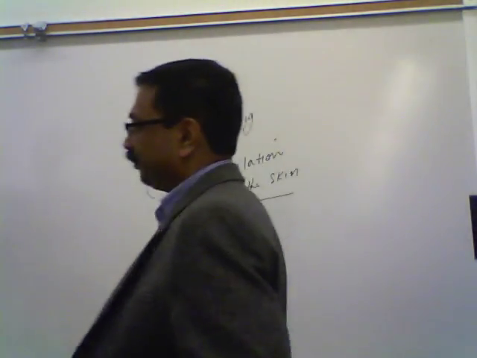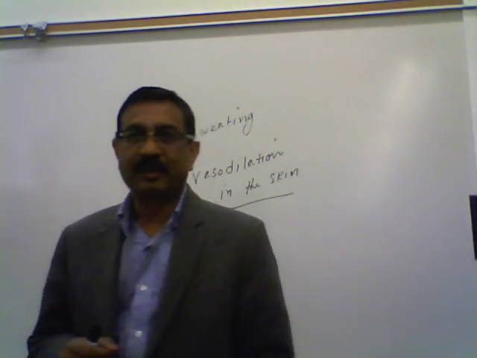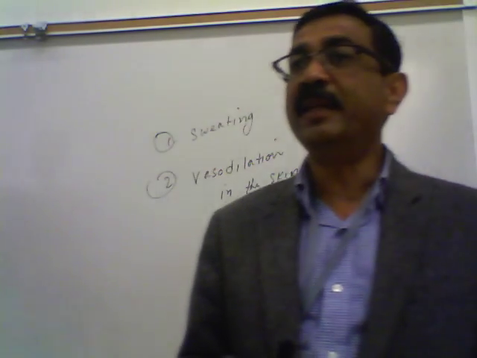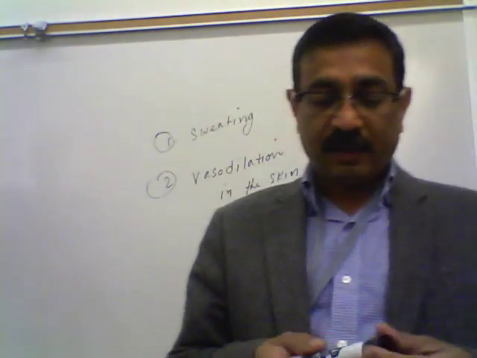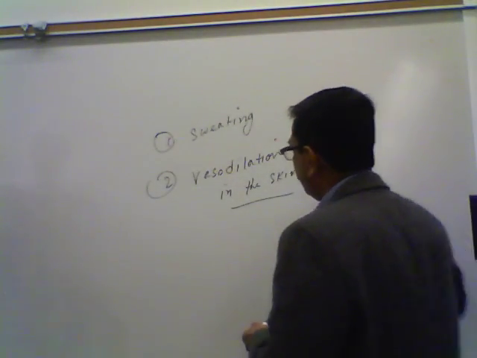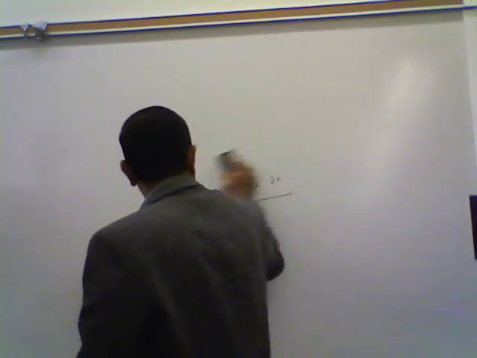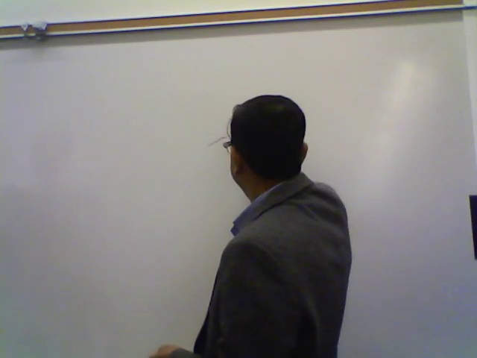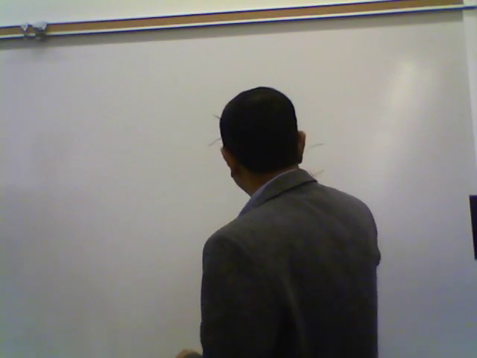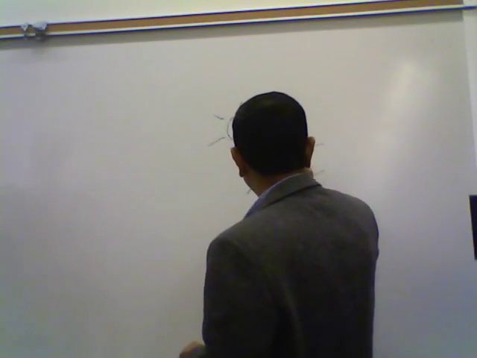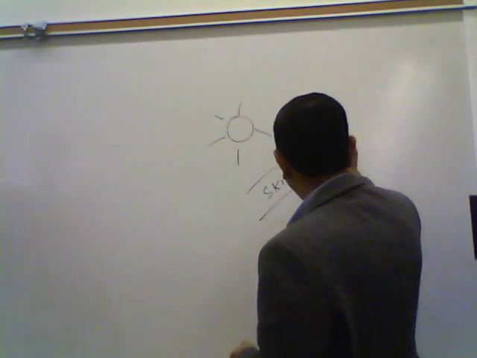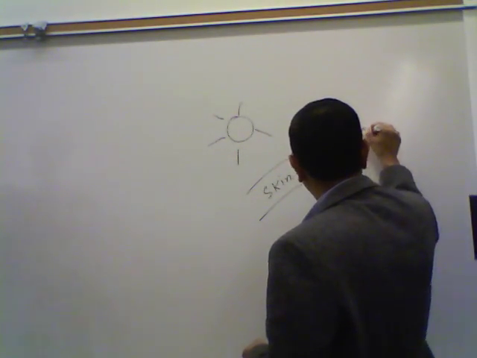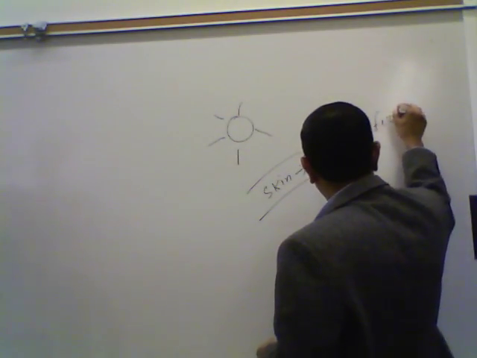Metabolic functions. Your skin produces the precursor of vitamin D. When sunlight falls on the skin, your skin produces a chemical that is called cholecalciferol.